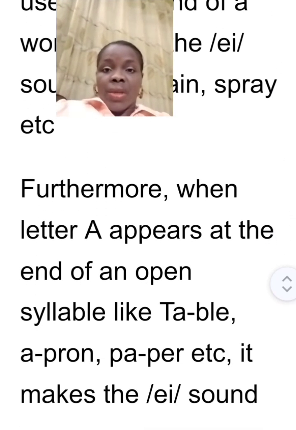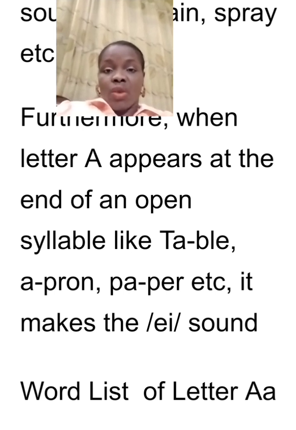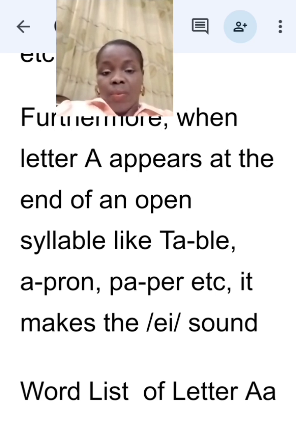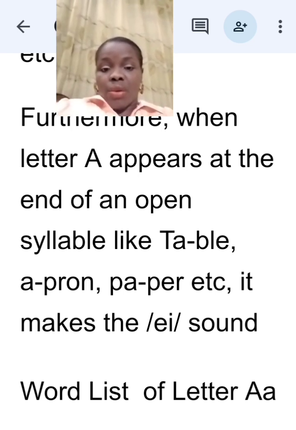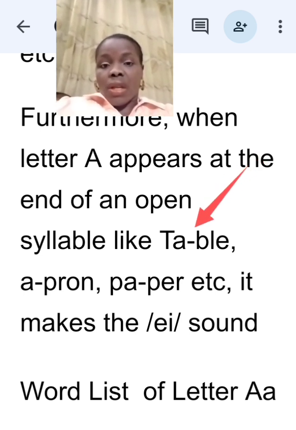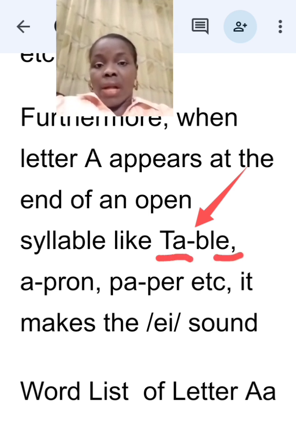Also, another reason that makes the sound change from one to the other is when letter A appears at the end of an open syllable. What do we mean by open syllable? For instance, in the word table, this table has two syllables, which is T-A and B-L-E.